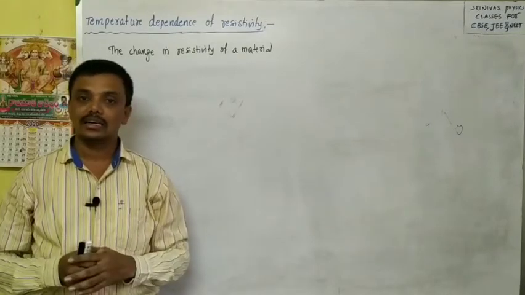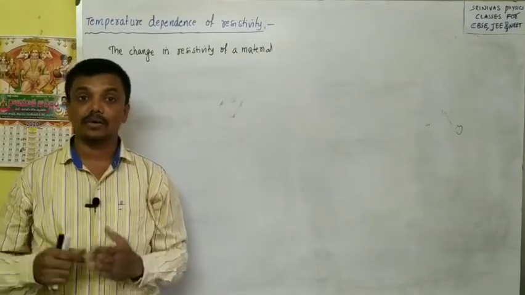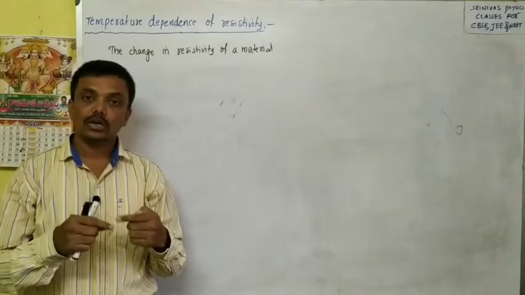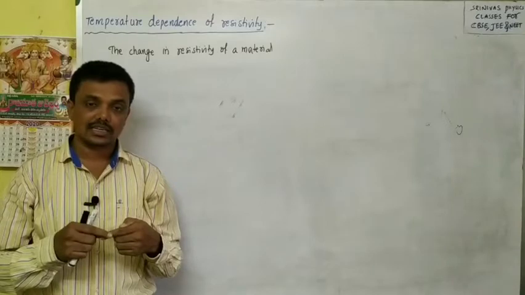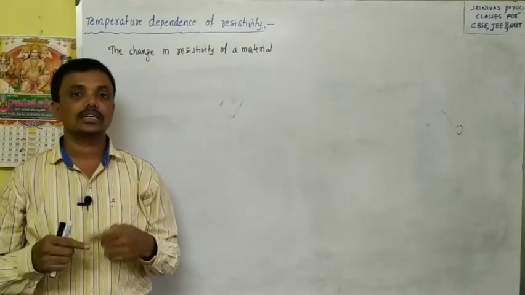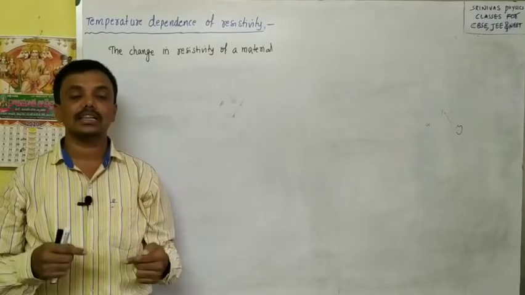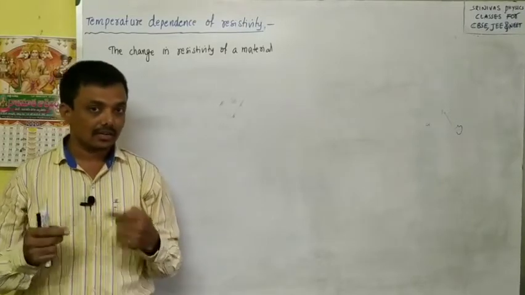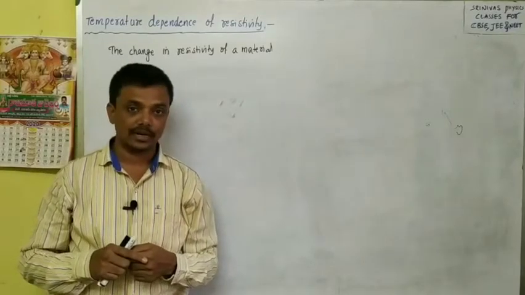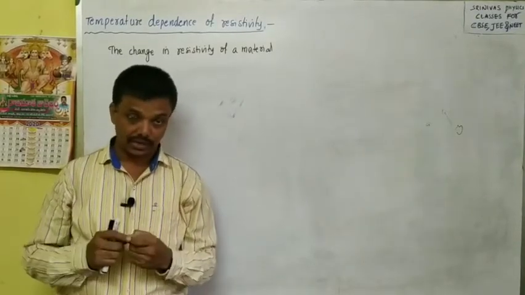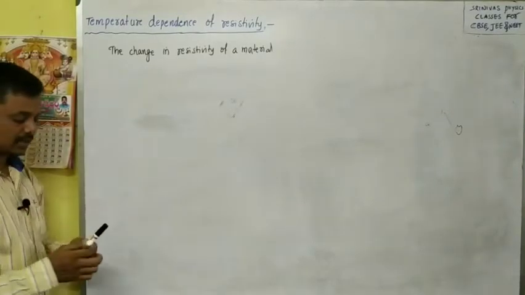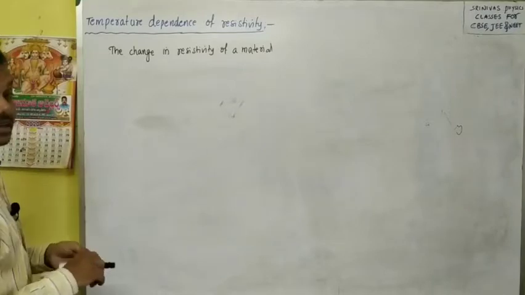Take 1 meter length and 1 meter square area of cross section, or 1 centimeter length and 1 centimeter square area of cross section, unit length and unit area. The resistance for that is called the resistivity of the material. We already discussed the formula for resistivity.